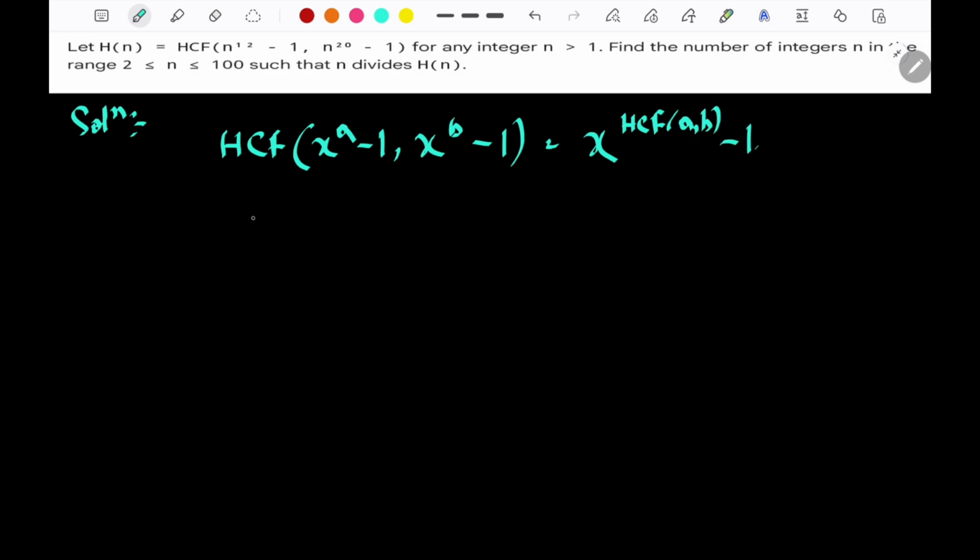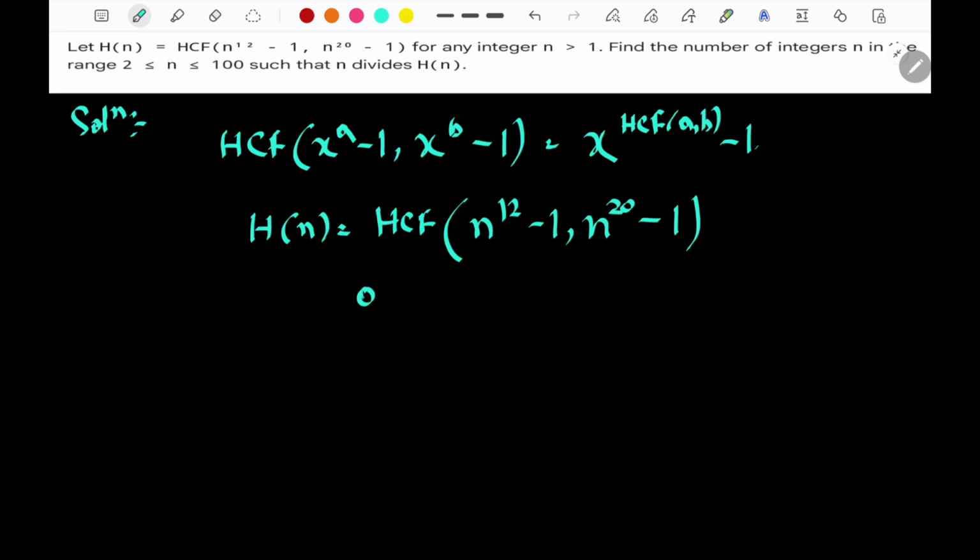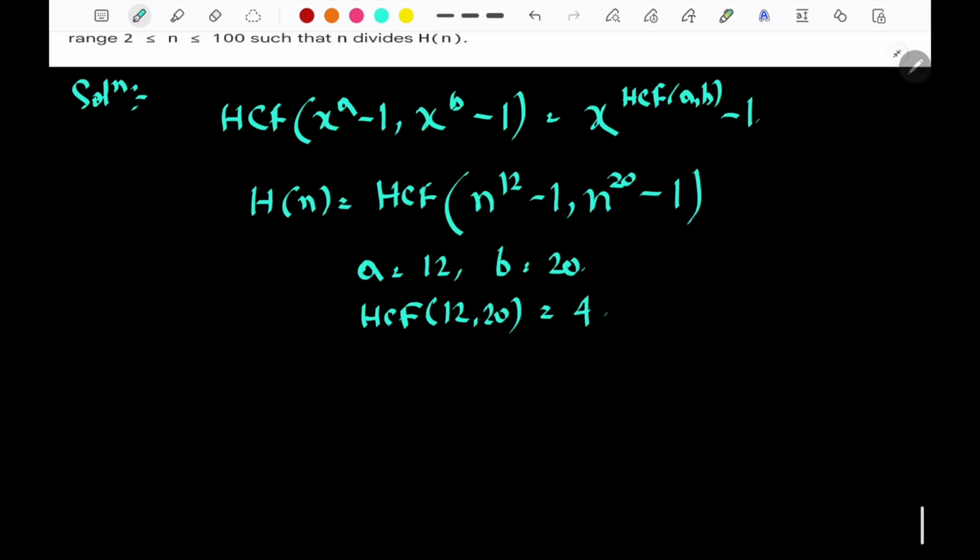Now we know h of n is given as HCF of n to the power 12 minus 1 comma n to the power 20 minus 1. So now a is 12, b is 20. So therefore HCF of 12 comma 20 is 4. So therefore h of n is equal to n to the power 4 minus 1.